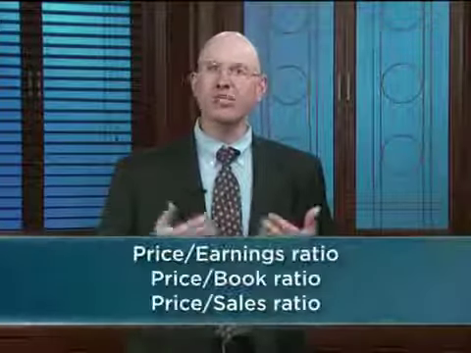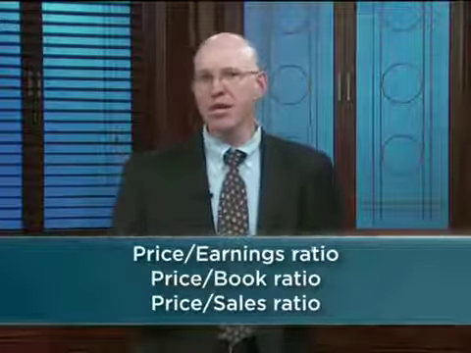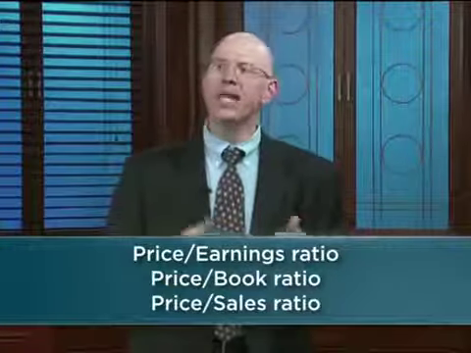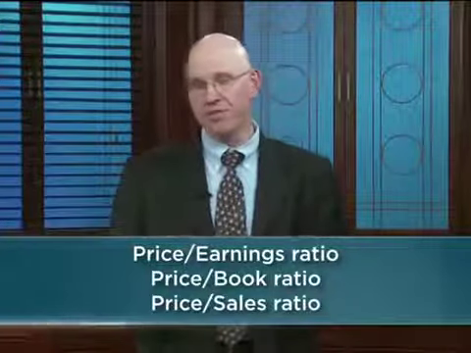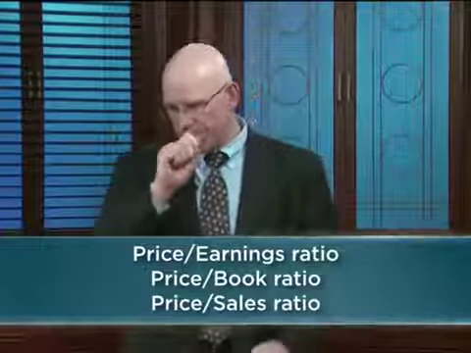So the three big ratios that analysts look at are called the price to earnings, or PE ratio, the price to book ratio, and the price to sales ratio. I'll be giving examples with all three of these. But all kinds of other value drivers are possible, and the choice of value driver depends on the industry as well as on the state of development of the firms in the industry.